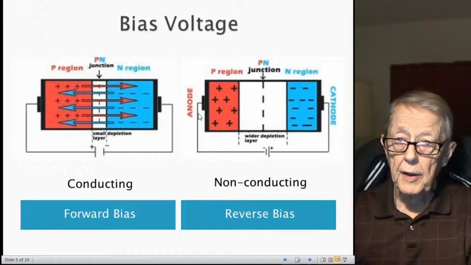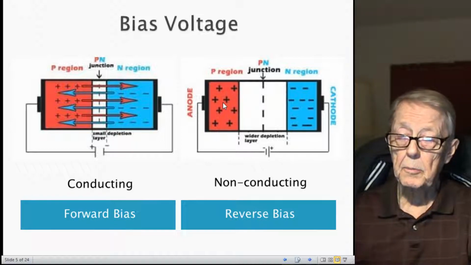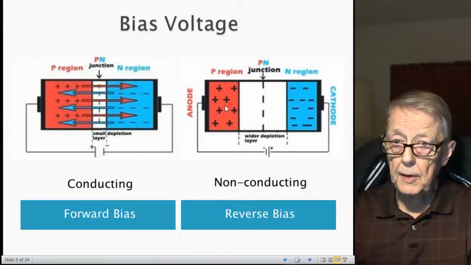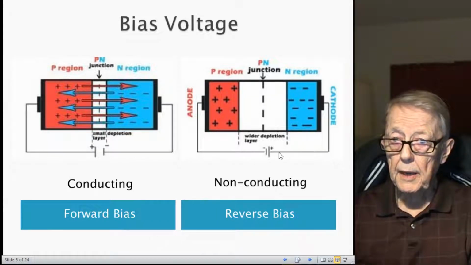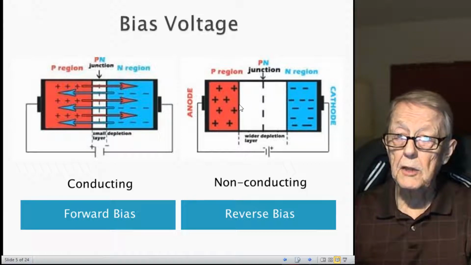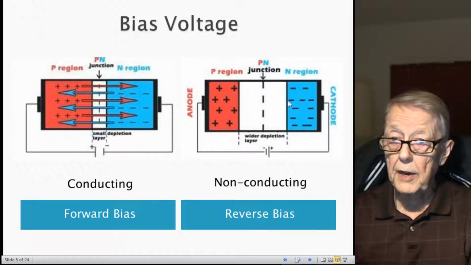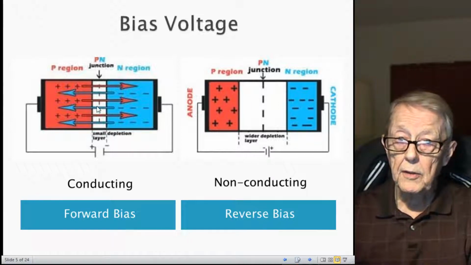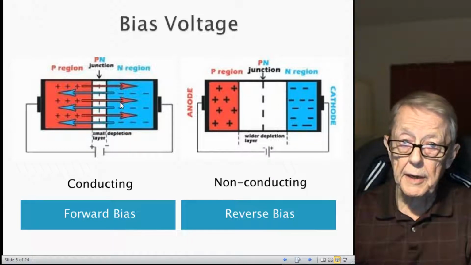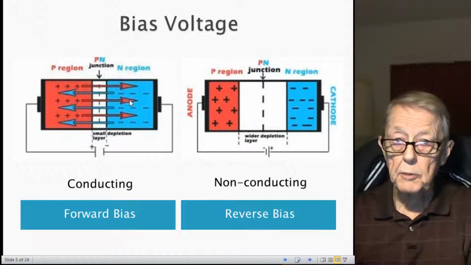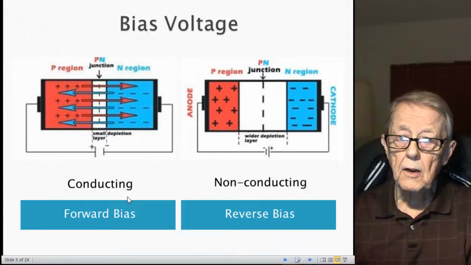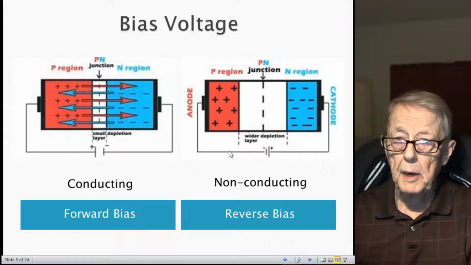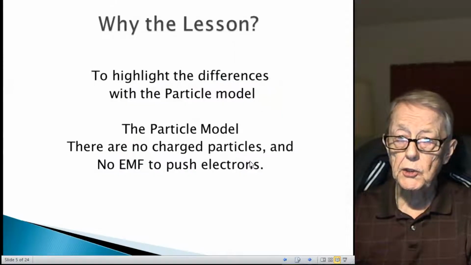The negative end attracts the positive particles, and the positive end attracts the negative, and it creates a larger depletion range, making it difficult for any movement. Here, the depletion range is small, and they say carriers can diffuse past these points and flow. Forward bias, reverse bias, is the general explanation.